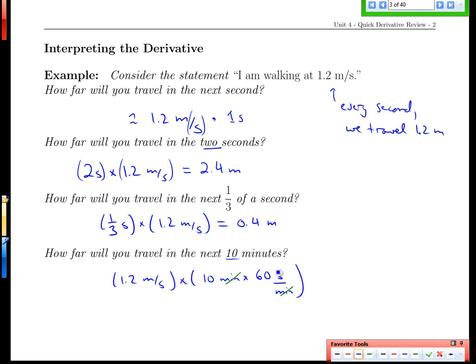There's 60 seconds per minute. Minutes cancel, seconds cancel, and we end up with 1.2 times 600, and that gives us 720 meters in the next 10 minutes.